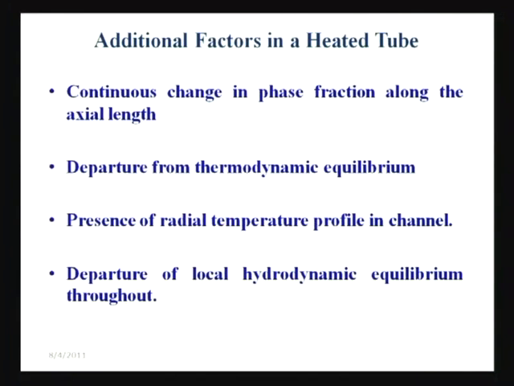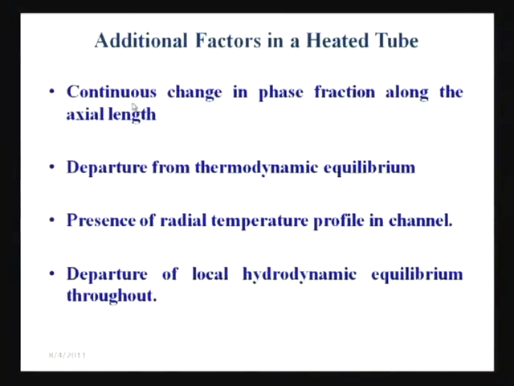Well, the next thing which I would like to deal with is, suppose we deal with a heated tube. Same vertical tube is standing, now we start heating it with a constant heat flux at the walls. Now, here what happens? Here certain additional factors start to come in. What are the additional factors? Number one thing is, as this tube is heated, what happens?